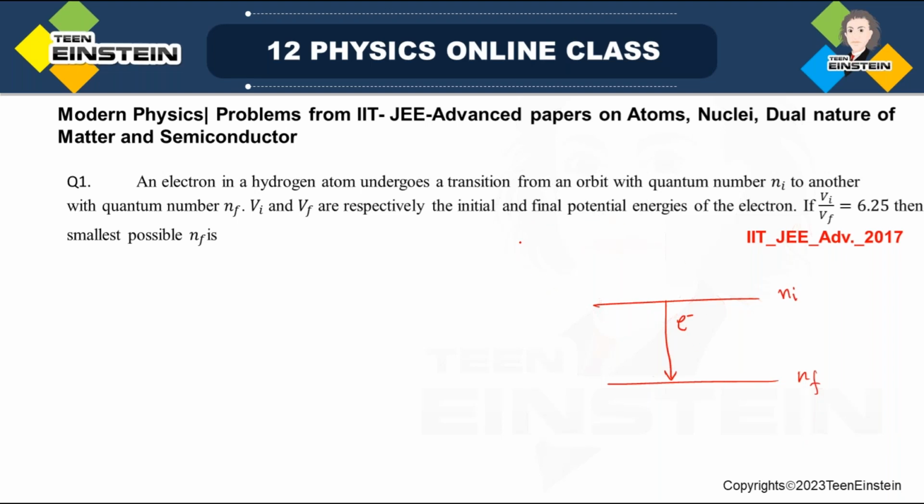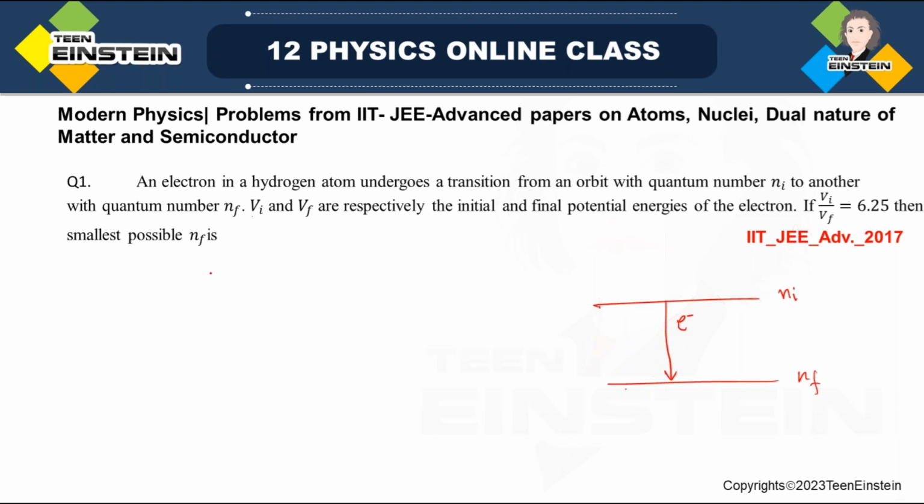Now the potential energies of this level and this level are Vi and Vf, and their ratio is given. You have to find out the smallest possible value of Nf.